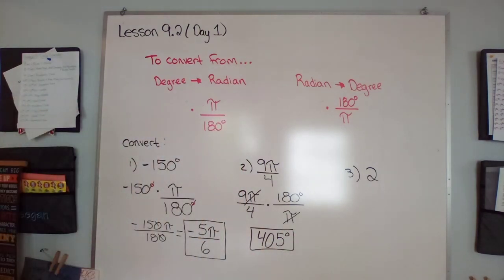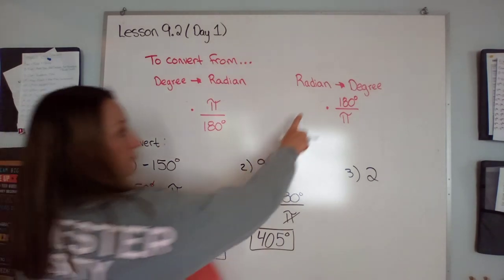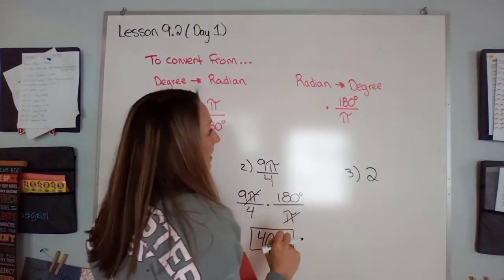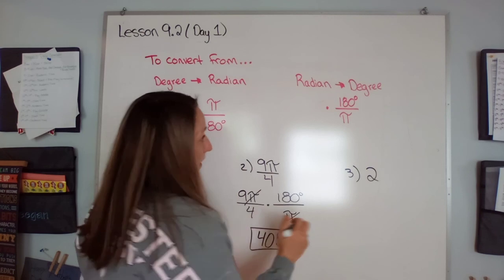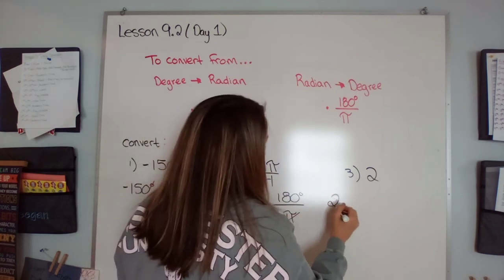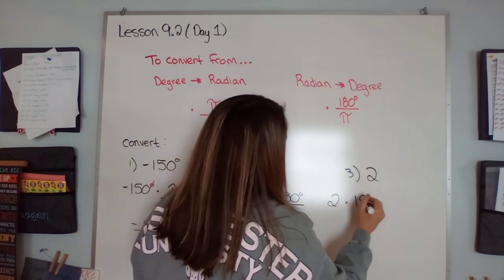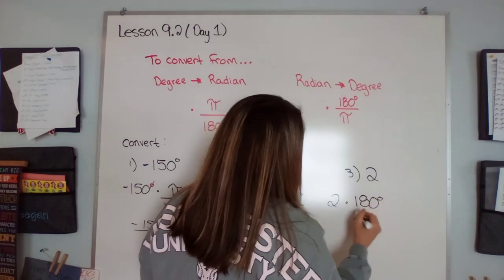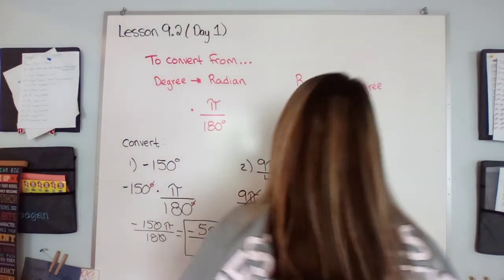And then finally, 2. Well, is this in radians or is this in degrees? Is there a degree symbol next to it? There is not, so that means you're in radians. So I want to go from radians to degrees, so I'm going to multiply by 180 over pi. So you're going to have 2 times 180 degrees over pi.